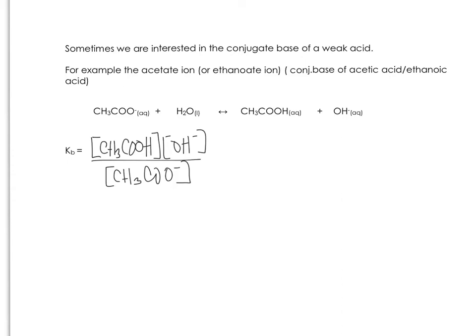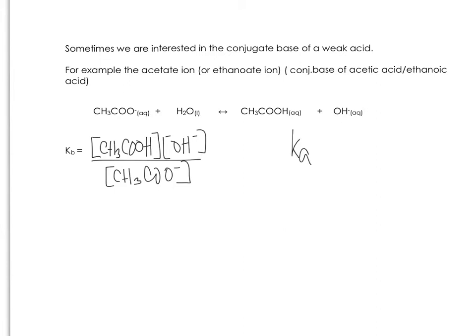Now, it could very well ask in a question, what is the pH of a 0.1 molar solution? But if you look up the acetate ion in your table, perhaps you don't find the acetate ion in your table of K values for bases. But there is a relationship between the Ka, the Kb, and the Kw.